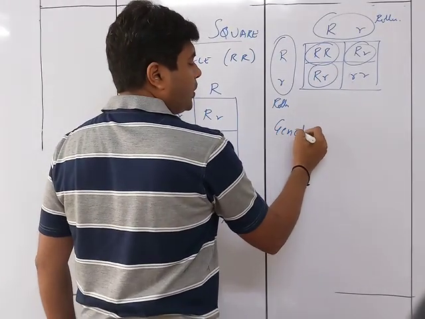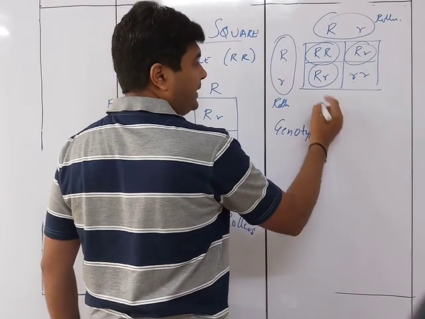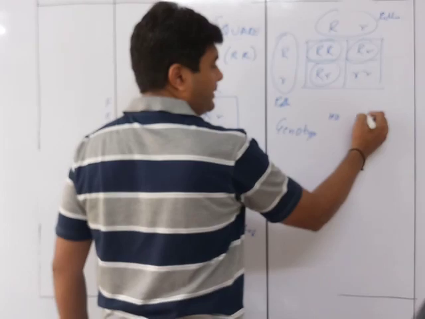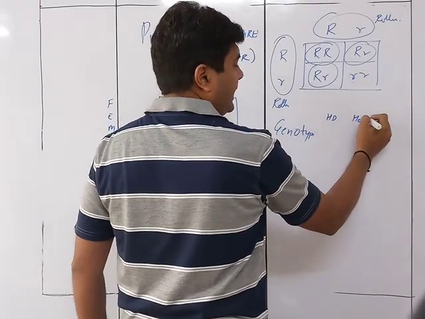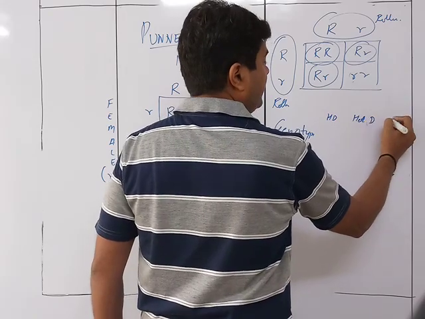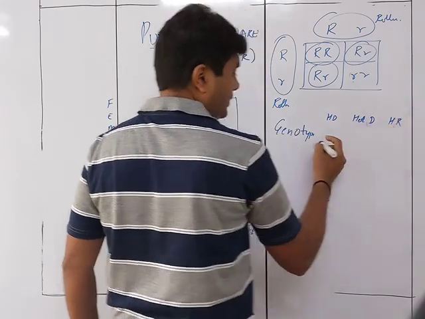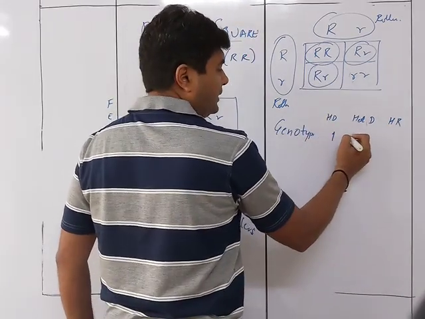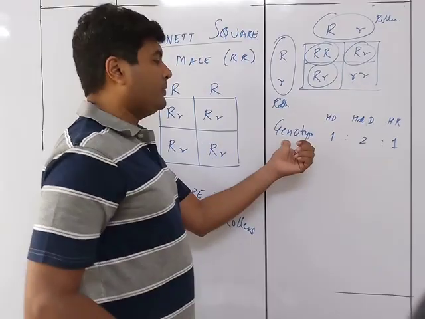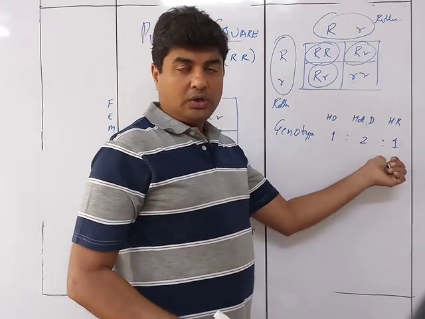Now genotype you will always write in the order: homozygous dominant first, then heterozygous dominant next, and lastly homozygous recessive. Accordingly it will be 1:2:1. This is the genotypic ratio.